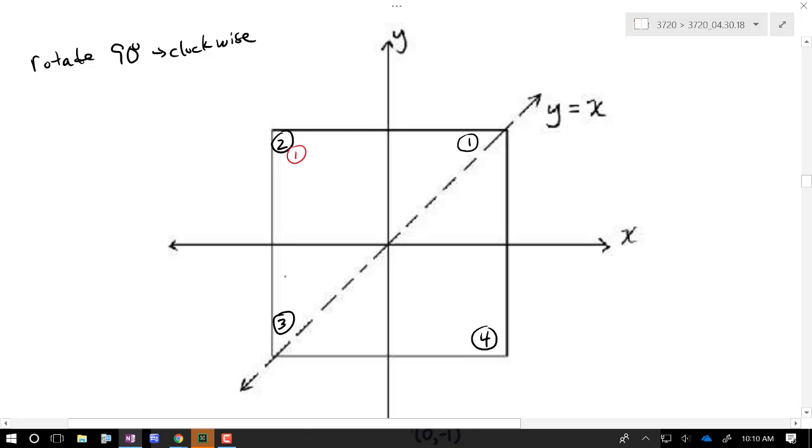So that would send the 1 down here, and the 2 would be down here, and 3, and then 4. We're just rotating it 90 degrees clockwise. Notice that 45 degrees clockwise would not be a symmetry because it wouldn't fit in the same spot. It has to be 90 or 180 or 270 or back to its starting point, 360.